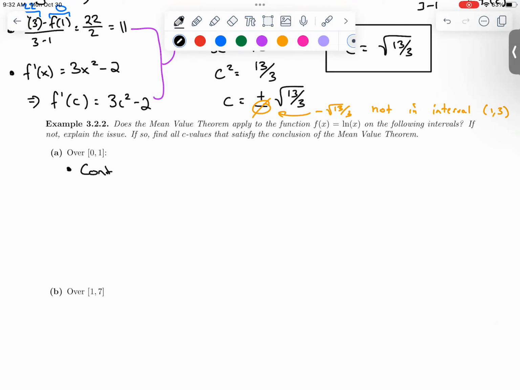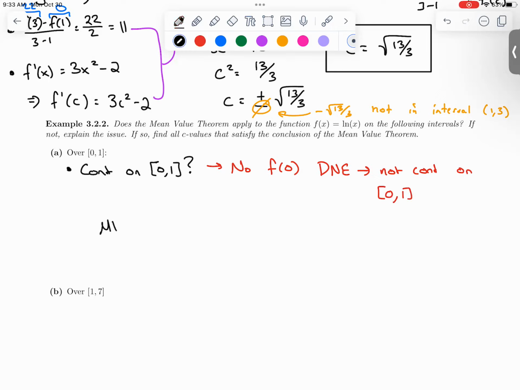Is f of x equals natural log of x continuous on that interval? No, because f of 0 doesn't exist. So that means it's not continuous on 0, 1.